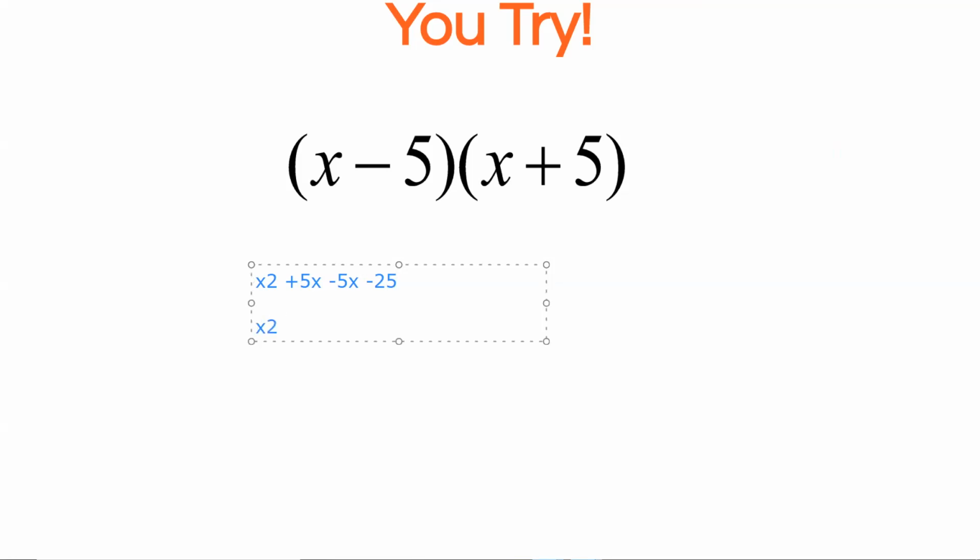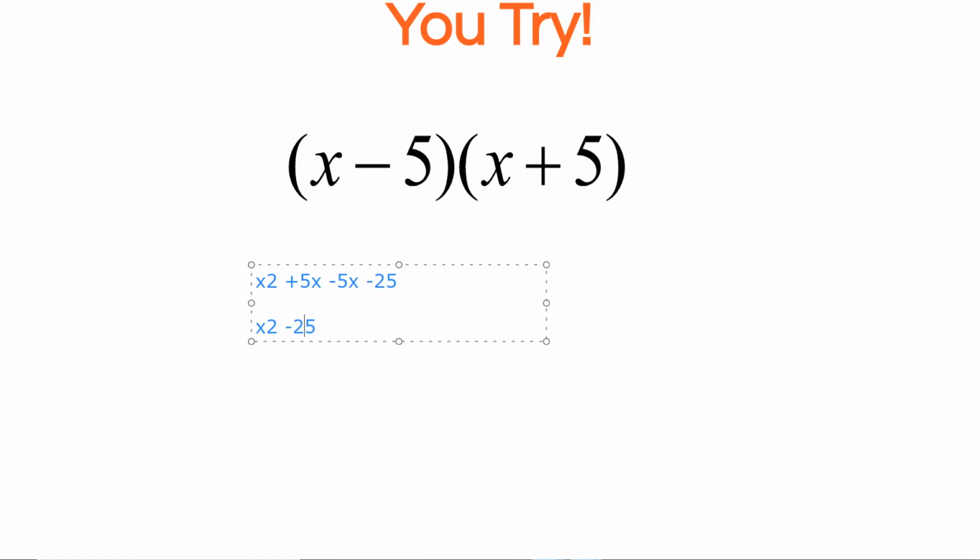X squared plus... No, you got plus 5x minus 5x equals what? Oh, that's 0. Yeah, because we're just combining 5 minus 5. So there's going to be nothing there. All I'm going to be left with is x squared minus 25.